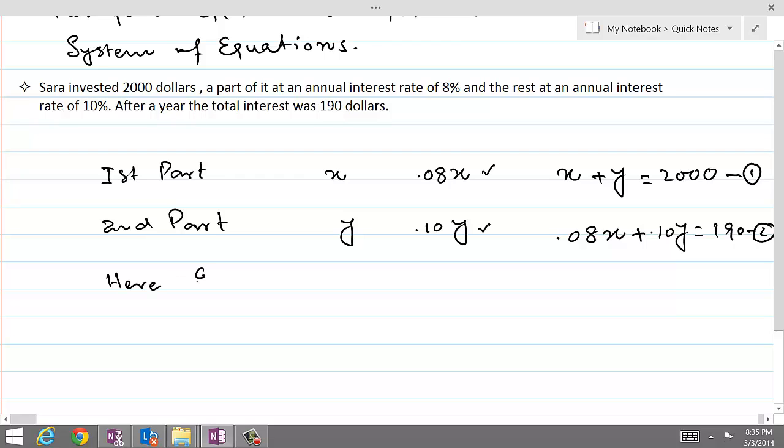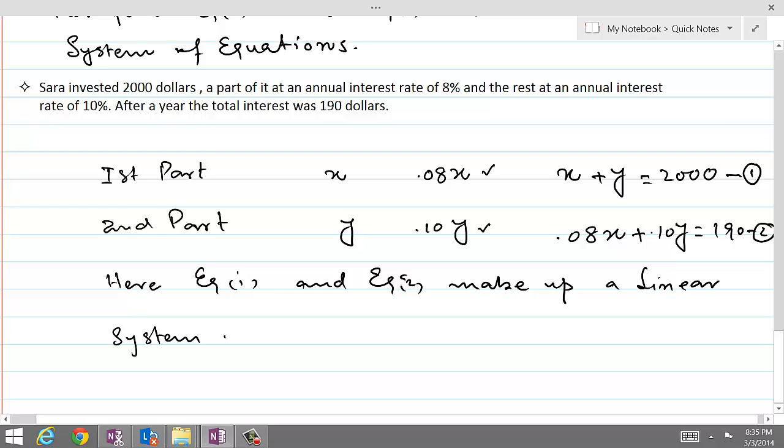Here, equation 1 and equation 2 make up a linear system of equations.